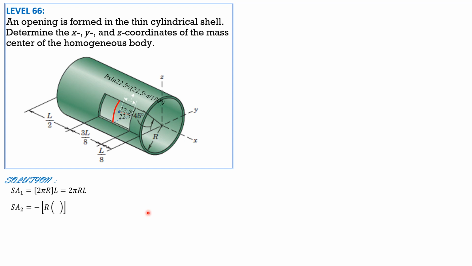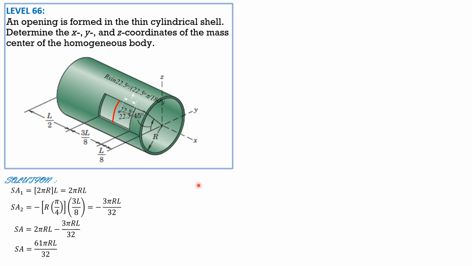So surface area 2 is negative r times pi over 4, radius times central angle 45 degrees or pi over 4, times length in that direction, 3L over 8. So that's the surface area, negative 3 pi RL over 32 for this opening. Therefore, the net surface area is 2 pi RL minus 3 pi RL over 32. So it is 61 pi RL over 32.